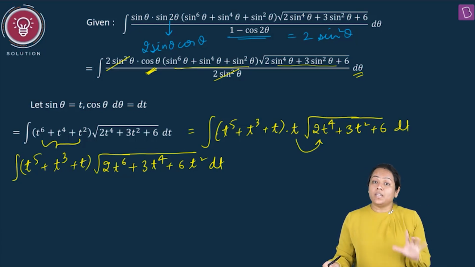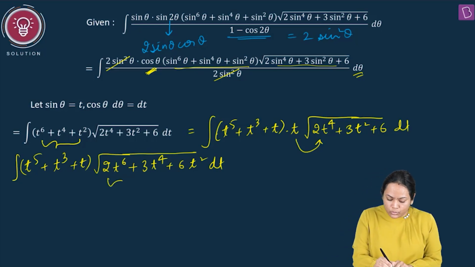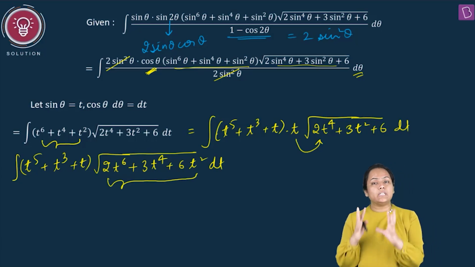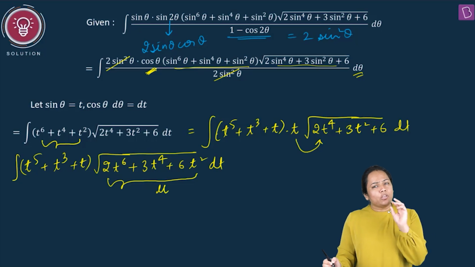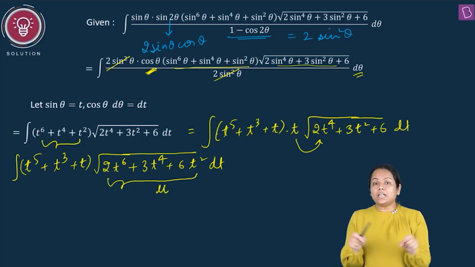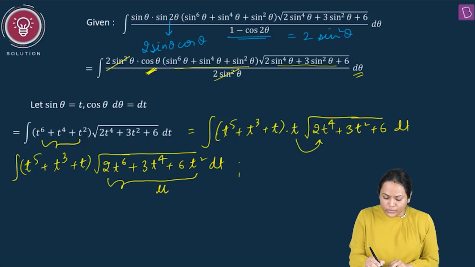So now what we are going to do? Now if you look at the term which is written inside the square root, if I take this term as u, can you quickly write down what will be its derivative? Well, if I take the term inside the square root as u, we know that its derivative is going to become 12 times of t raised to 5 plus t cube plus t.